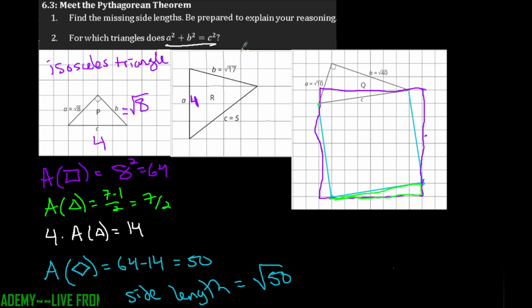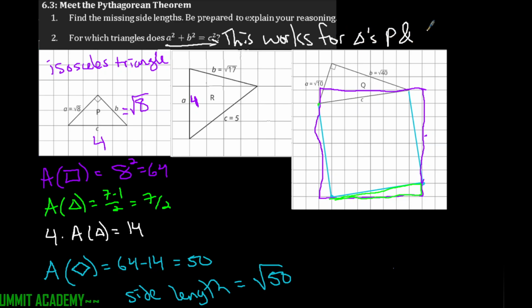So we're going to say this works for triangles P and Q. And that works because Q is a right triangle. Notice how it has the right triangle symbol there. P is a right triangle because it has it right there. However, R is not a right triangle.